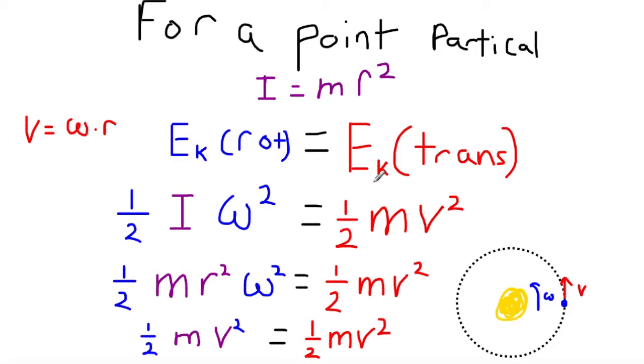And of course, we know that translational kinetic energy is 1/2 m v squared. That works because we're treating the Earth as a single point, and that point is moving at some velocity v forward. You could also consider it as having some angular velocity around the Sun. Either way, you can use the linear values to find the kinetic energy or the rotational values.